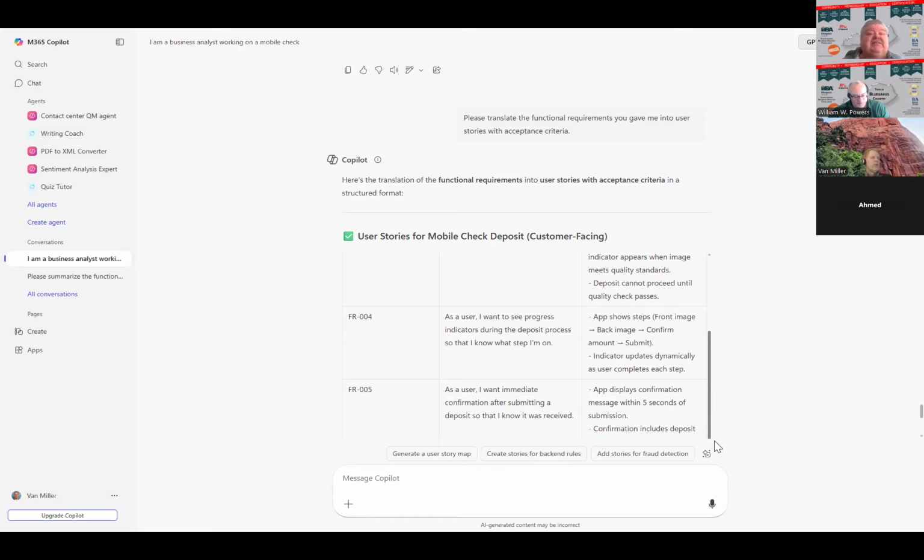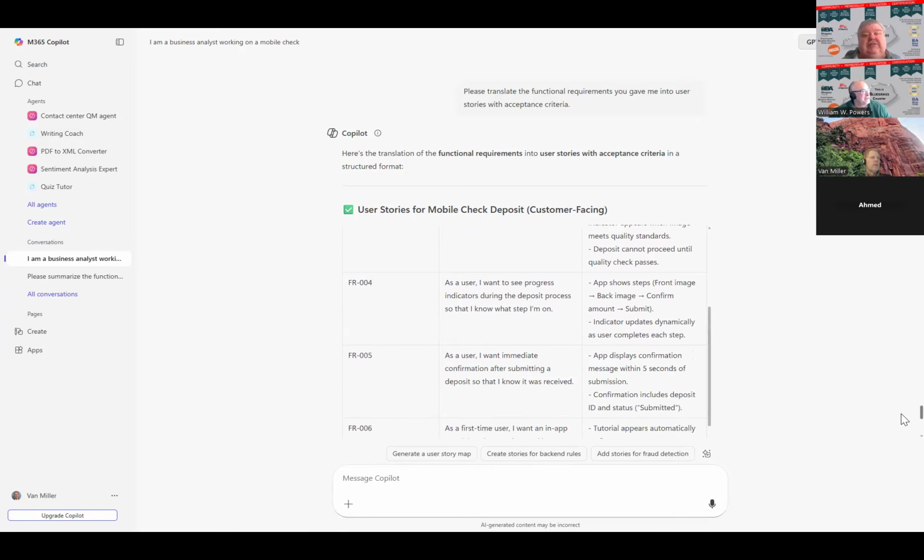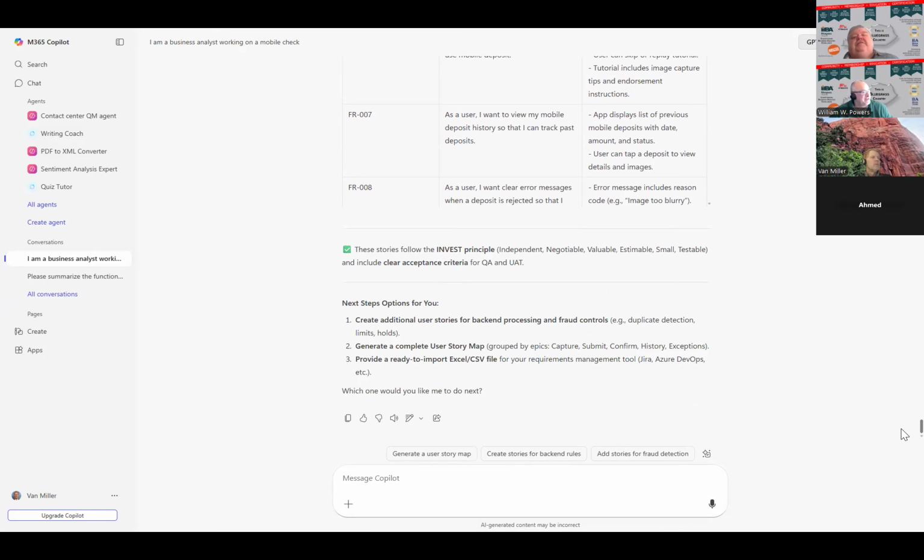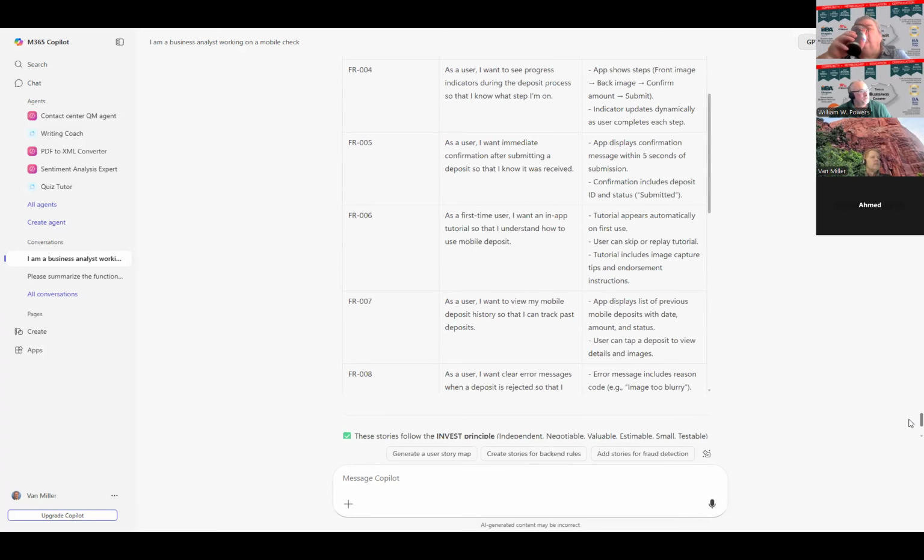You can specify exactly what columns you want in that table. You could say provide a ready to import CSV file with it, Excel, and we'll put it into a table. But yeah, so not bad.